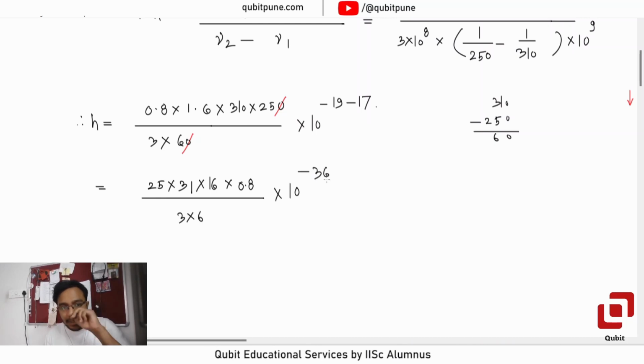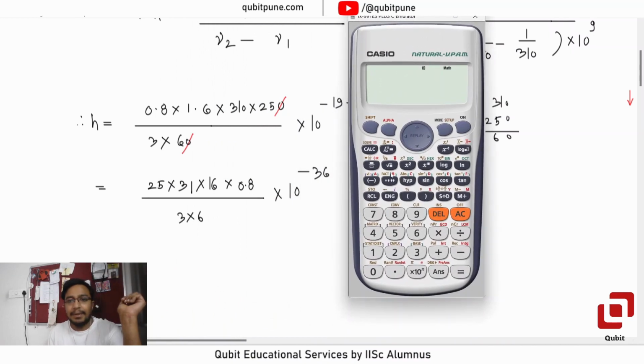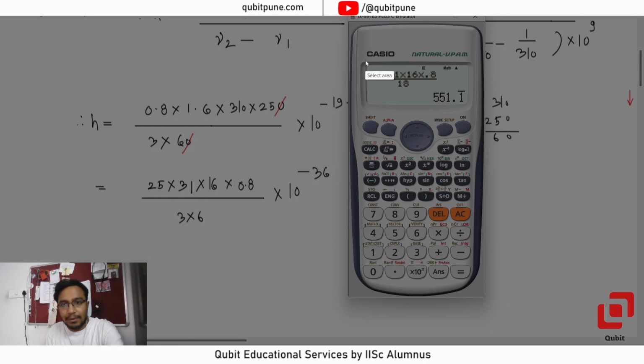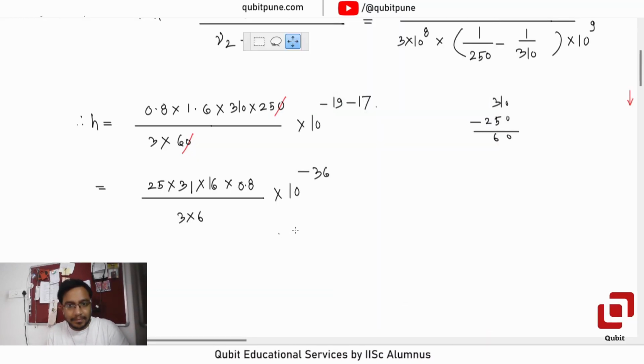Now look, we can use a calculator, because it's a non-scientific calculator that can do the job for us. Just mere multiplication and division. So let's do it and get the value. It's 25 into 31 into 16 into 0.8 upon 18. That's 551.1 recurring.